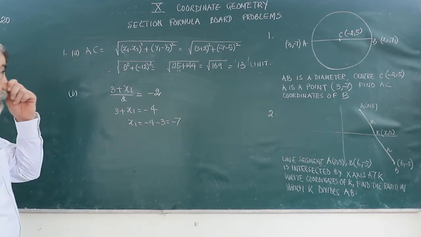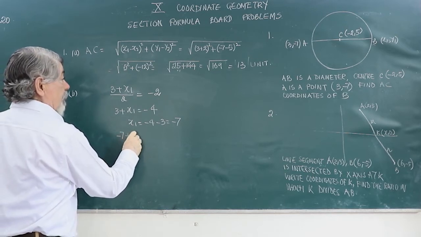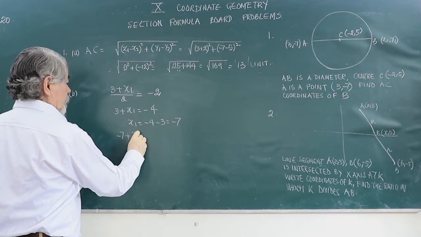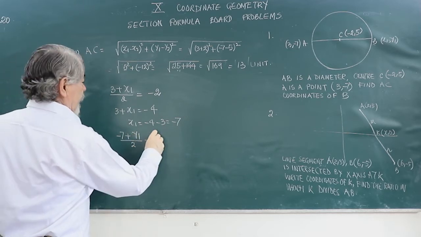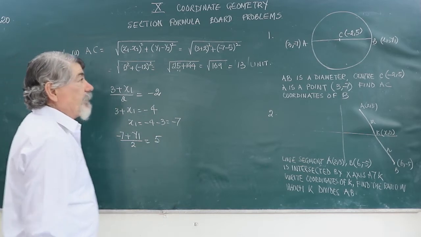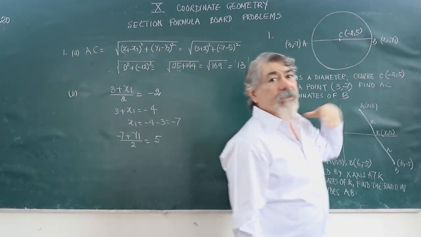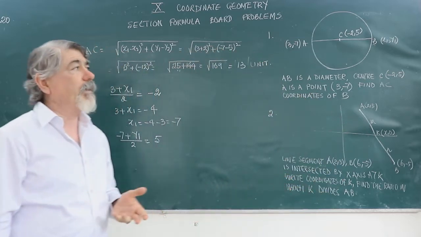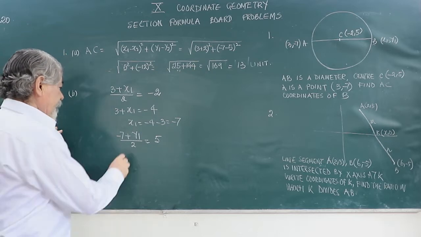We got minus 7. Now (minus 7 plus y1) upon 2 is equal to 5. Now we are adding the y coordinate of A and the y coordinate of B, divide by 2, and you will get the y coordinate of the midpoint, which is 5.